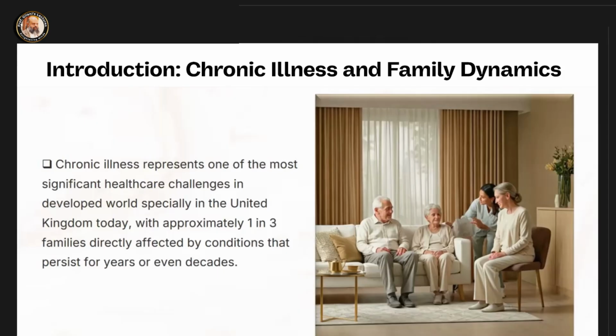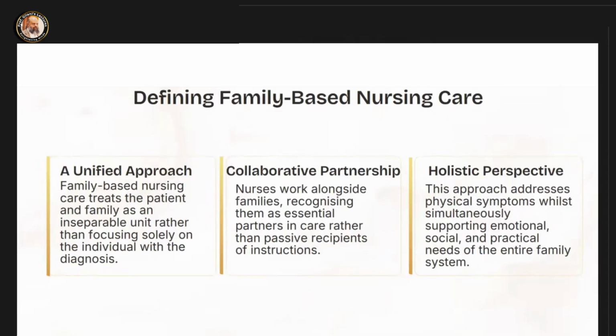So the ripple effects of chronic illness extend to every family member, altering daily routines, emotional well-being, and financial stability. How do we define family-based nursing care?